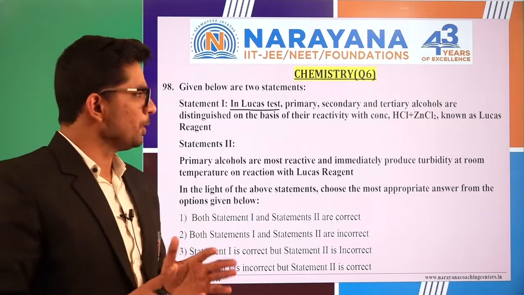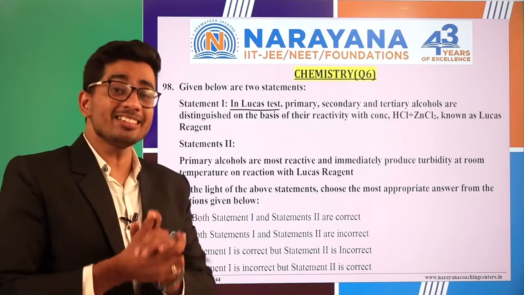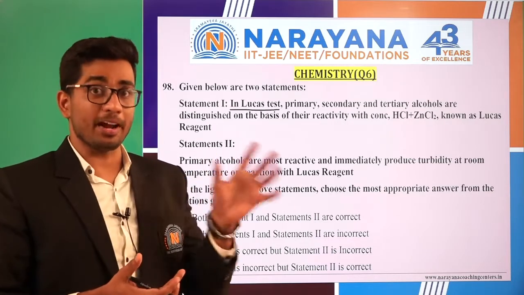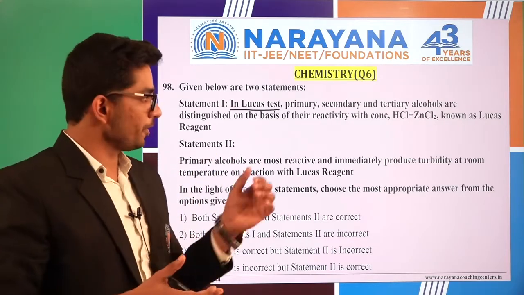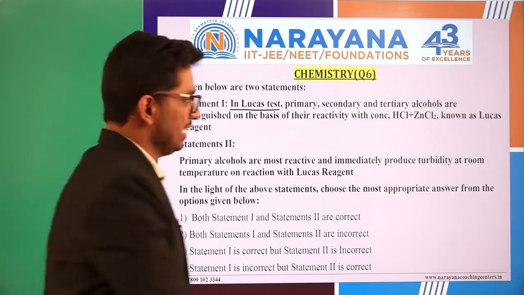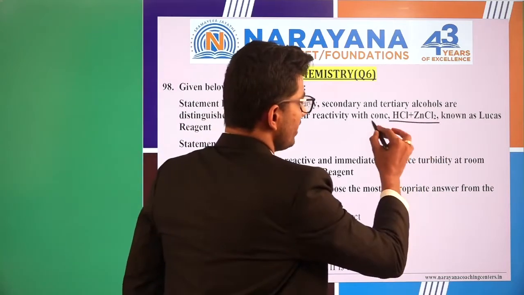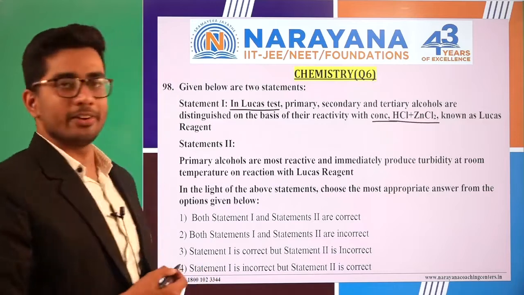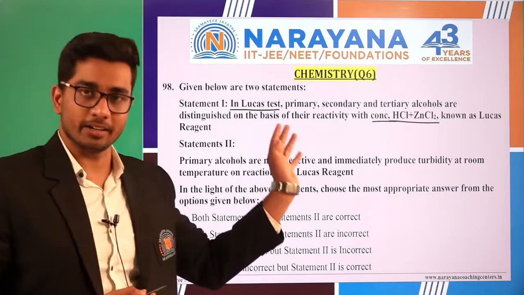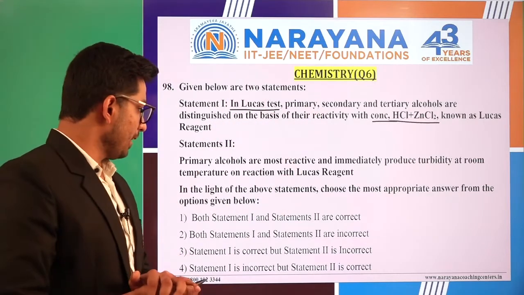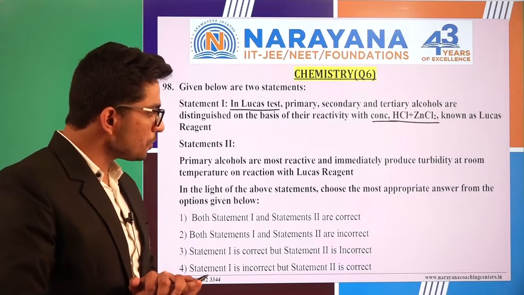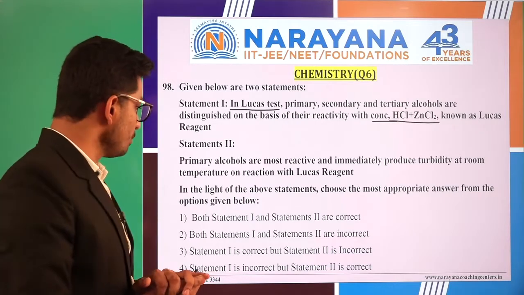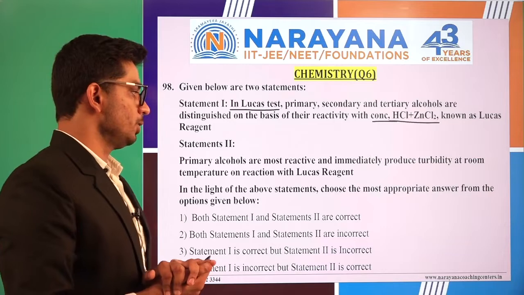As we know, Lucas test is the test to distinguish the different degrees of alcohol, primary, secondary or tertiary. Concentrated HCl along with zinc chloride is called Lucas reagent, so that is totally correct. Let's come to statement 2: primary alcohols are most reactive and immediately produce turbidity at room temperature on reaction with Lucas reagent.